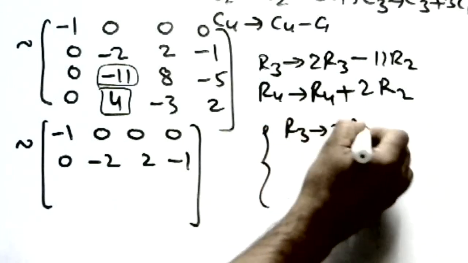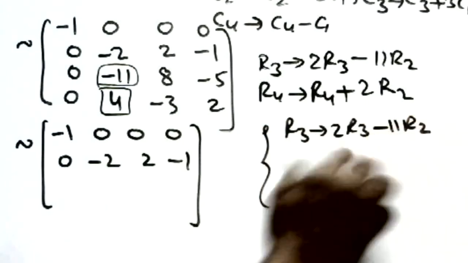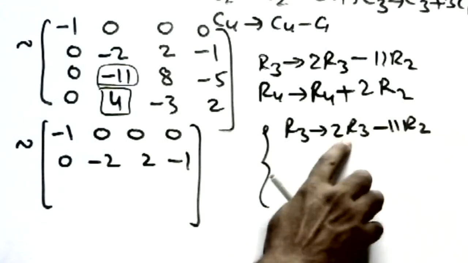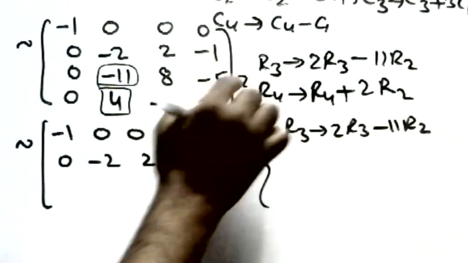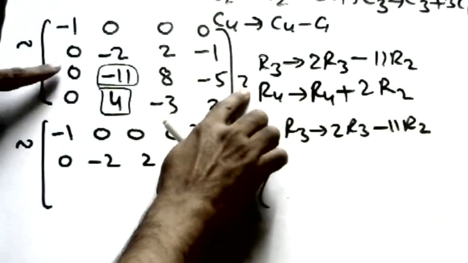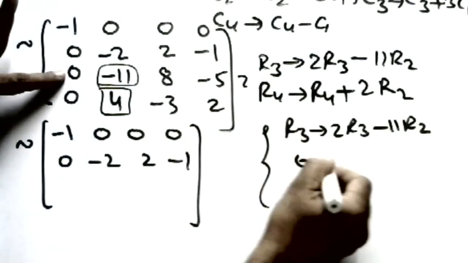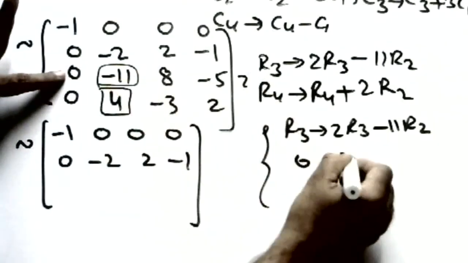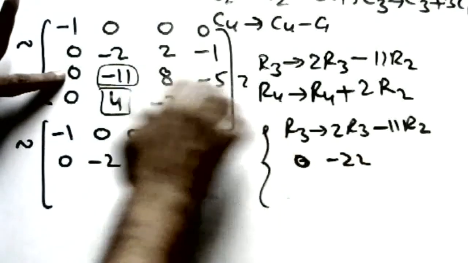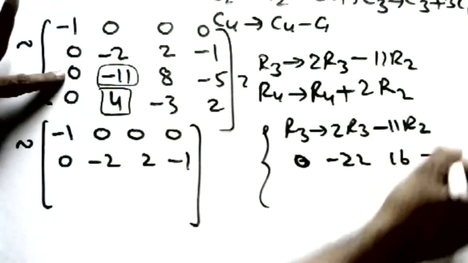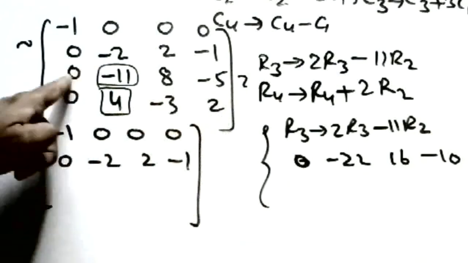Let me do the rough work. R3 implies 2R3 minus 11R2. What is here? 2R3. So multiply all the numbers with 2. 2 zeros are 0, 2 into minus 11 is minus 22, 2 into 8 is 16, 2 5s are 10.